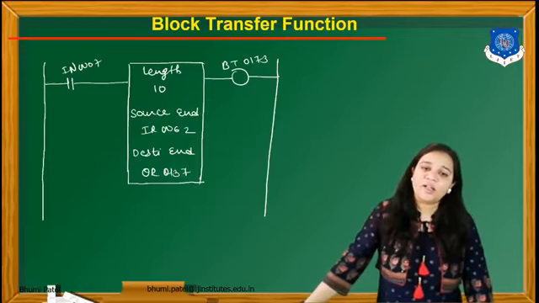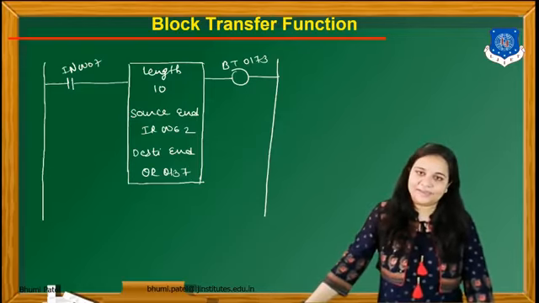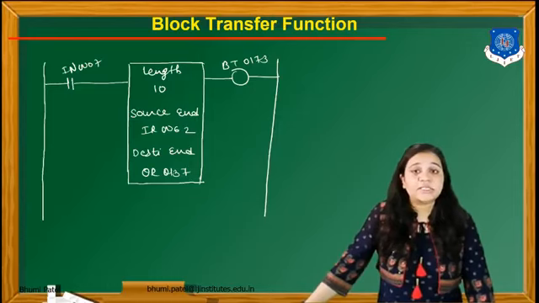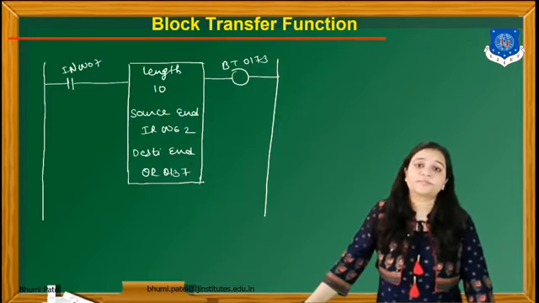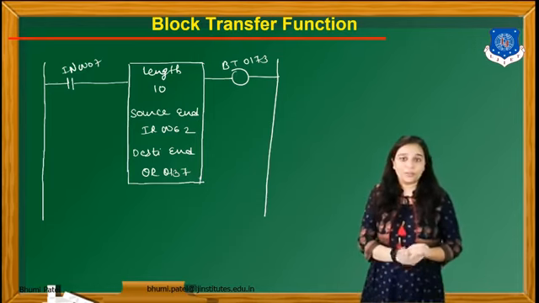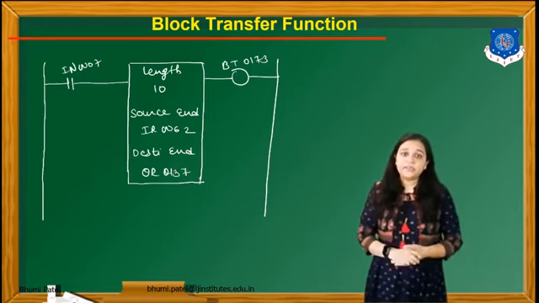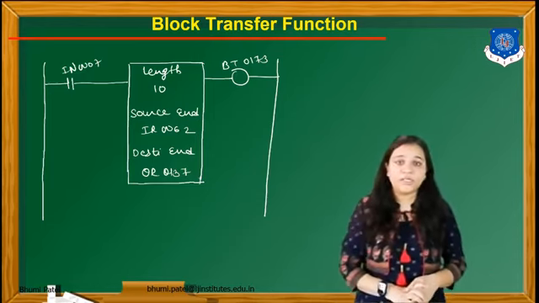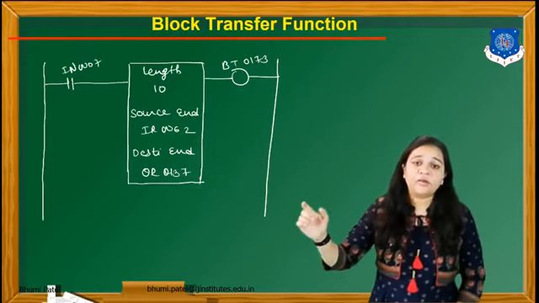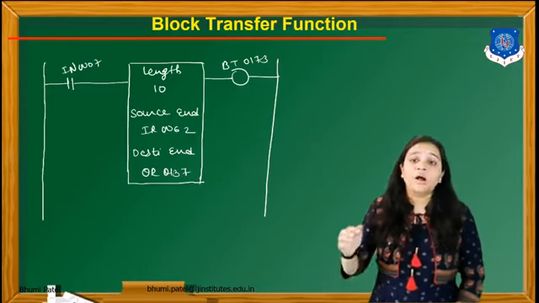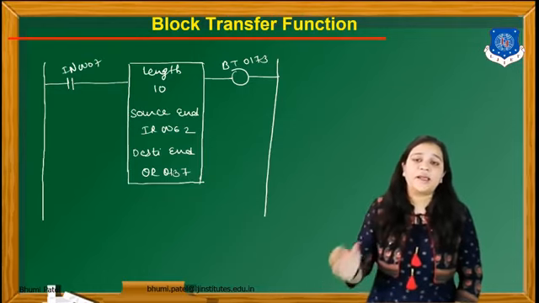The same logic applies for the destination address. The command for block transfer is BT0173.